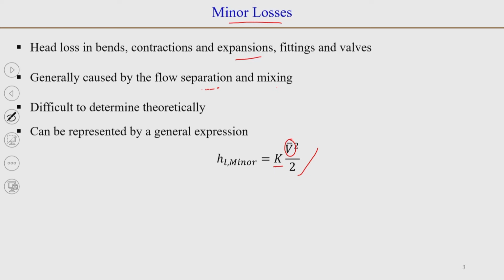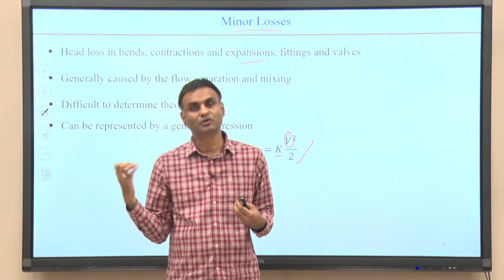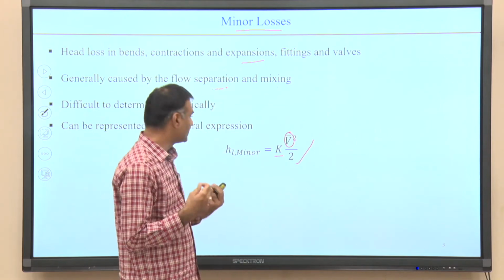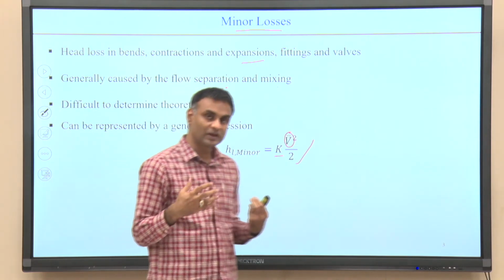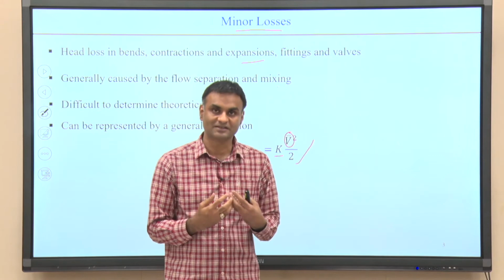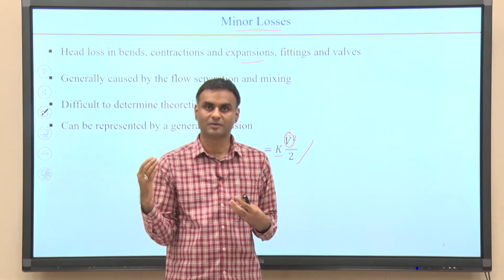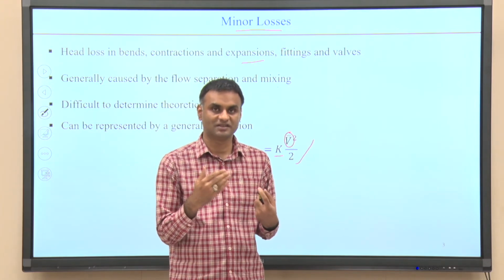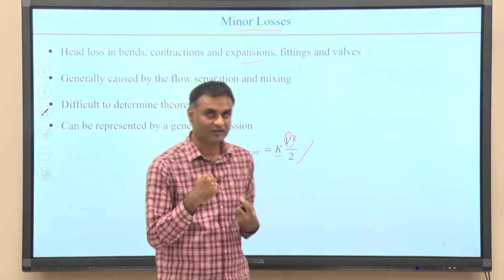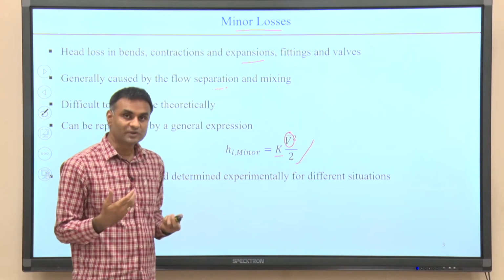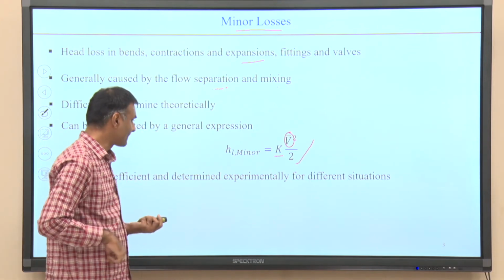You can get the K value from handbooks or from the manufacturer's data sheet. If you are looking at a practical application, it is always advisable to use the manufacturer's data sheet to find the K values for different components in your piping system. And this K can also be determined experimentally.